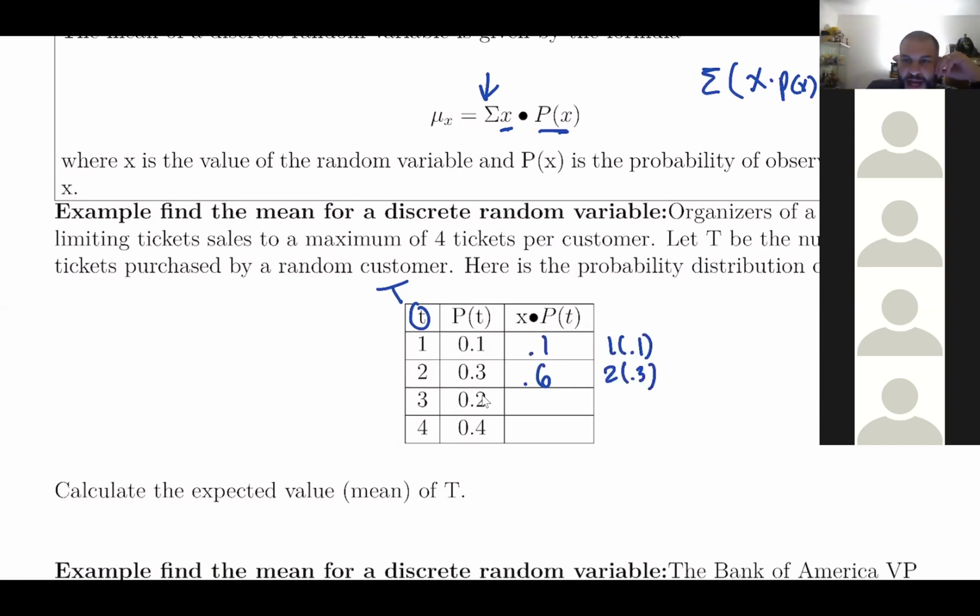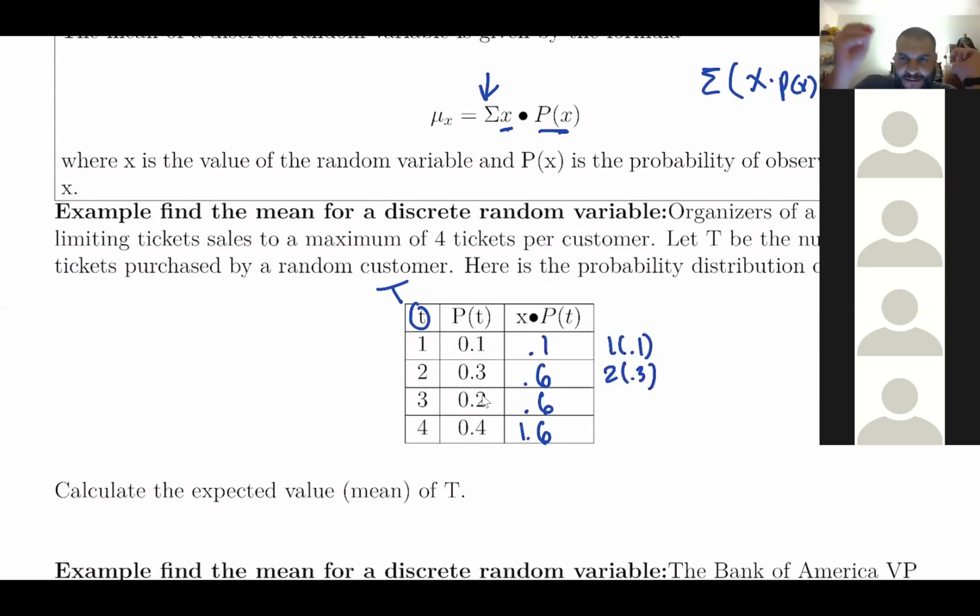If you do 3 times 0.2, you get 0.6. If you do 4 times 0.4, you get 1.6. All right. Any questions so far on how I got 0.1, 0.6, 0.6, and 1.6?